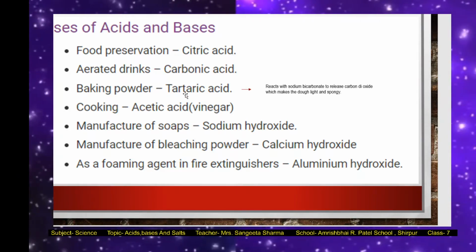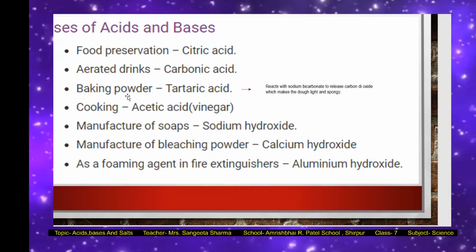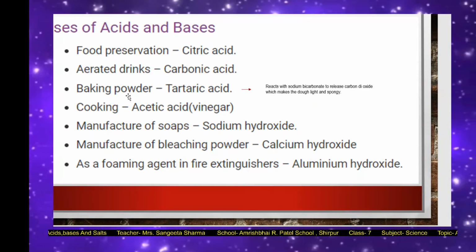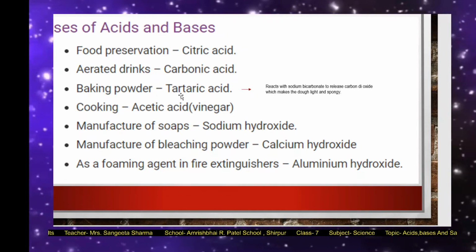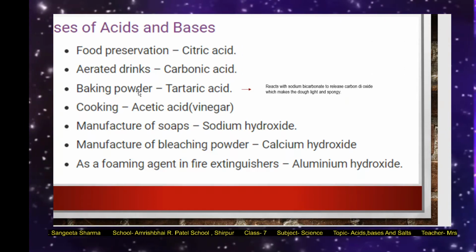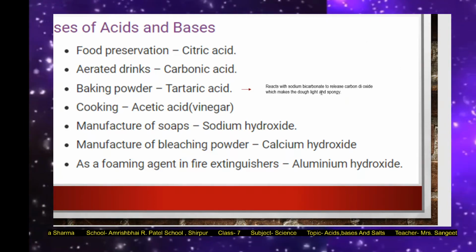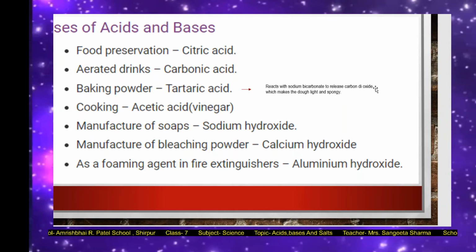Now you will be surprised: ma'am, you told me that baking soda is basic in nature, and it is basically sodium hydrogen carbonate. But let me tell you one thing, tartaric acid is present in the baking powder, and it reacts with sodium hydrogen carbonate, that is sodium bicarbonate, to release carbon dioxide.